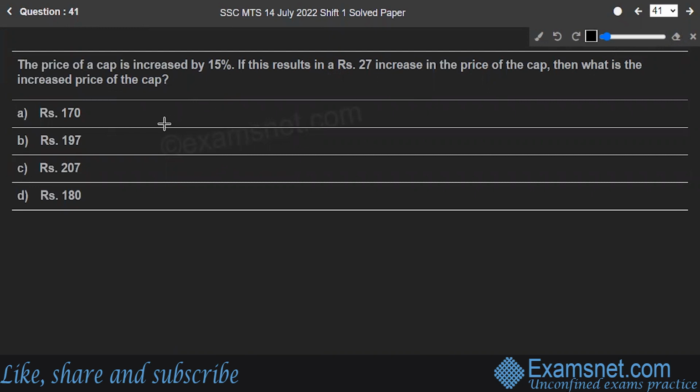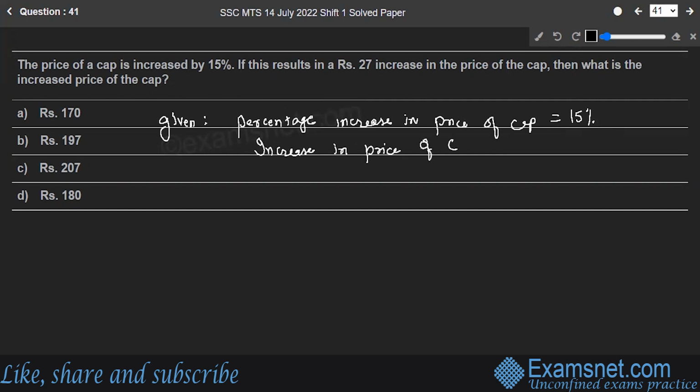So first thing, you are given the percentage increase in price of cap is 15%. Also, the increase in price of cap is rupees 27.